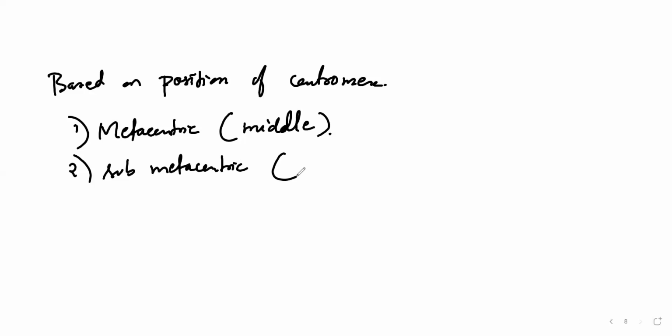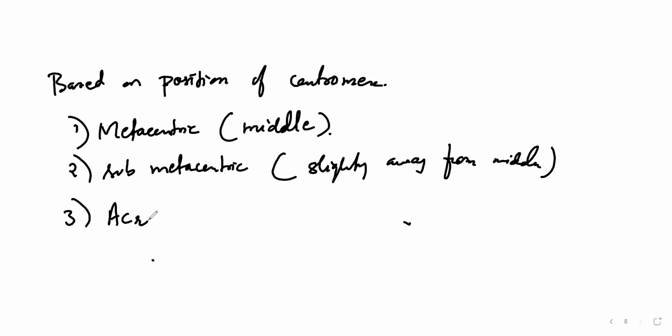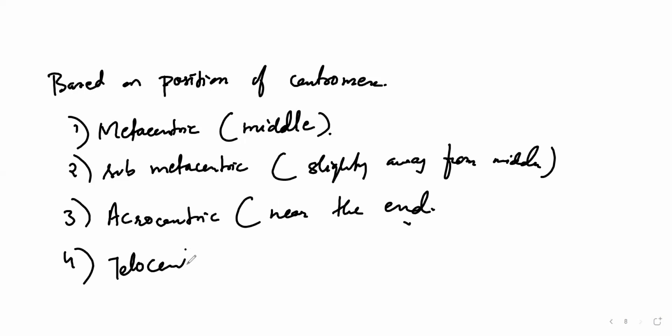Here it is a little bit away from the middle. Then you have the third one, acrocentric, which is near the end. And lastly the telocentric, that is terminal. So these are the types based upon the position of the centromere.